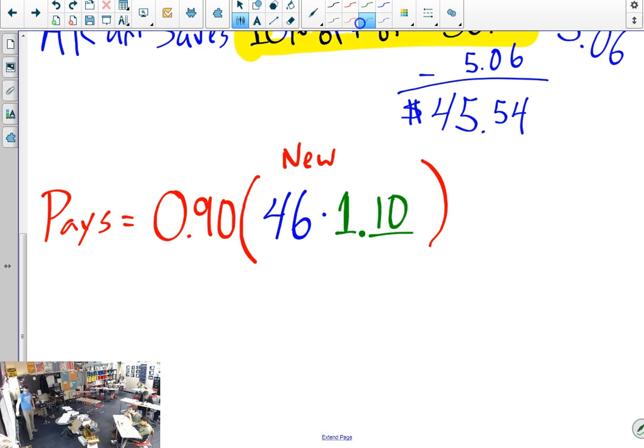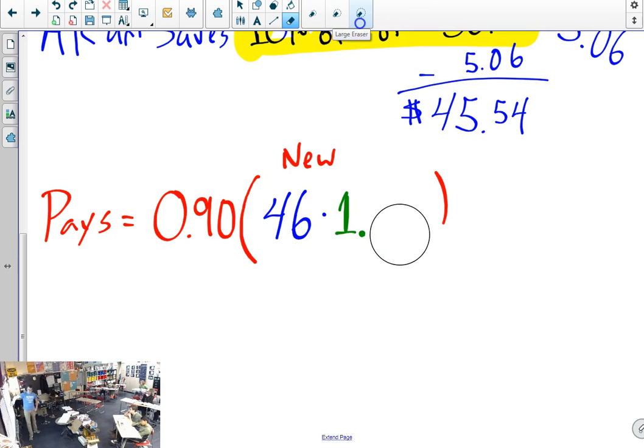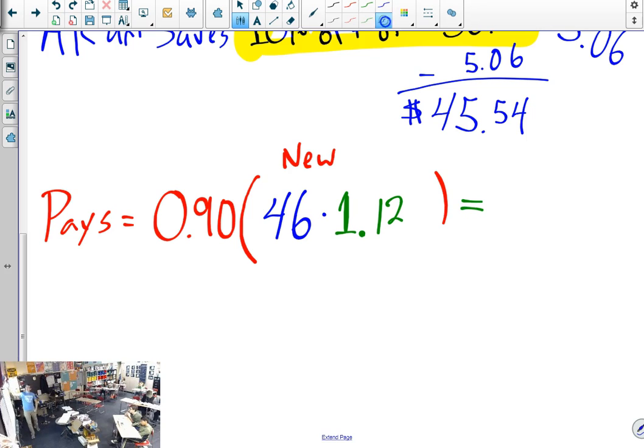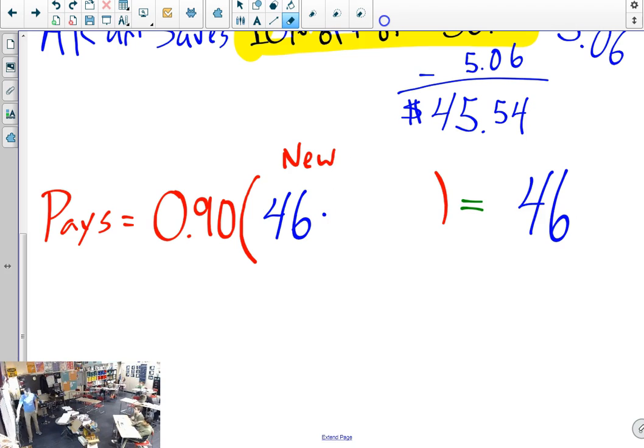If we go up by 11%, this becomes 1.11, or up by 12%, 1.12. But then Annie wants this all to come out to still equal 46. So this we're not sure of. We could solve this, but that would be some unknown.